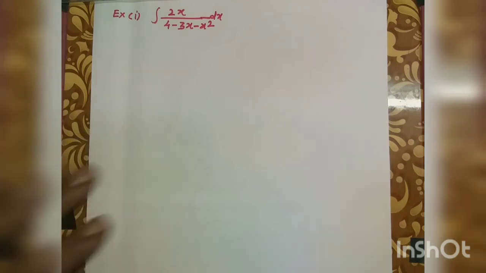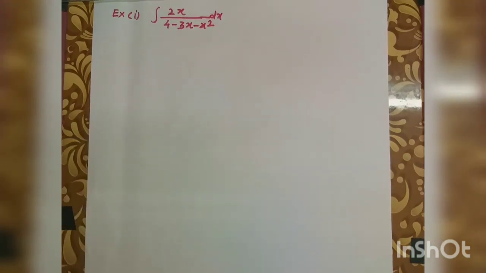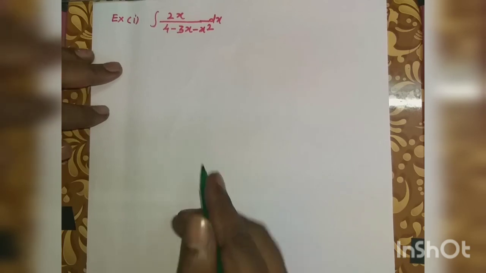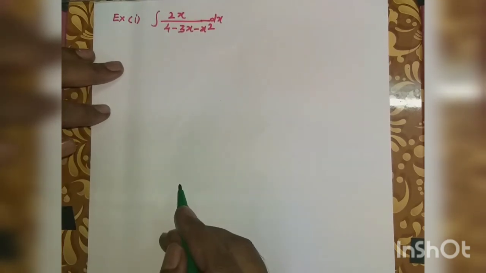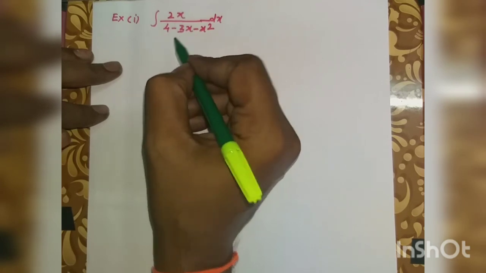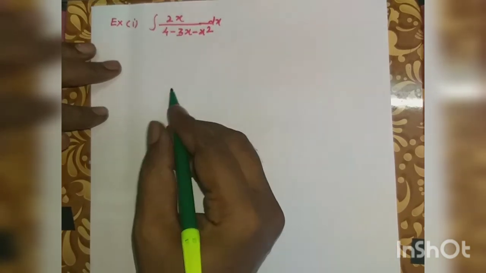First example is 2x divided by 4 minus 3x minus x square. Now, this is an improper rational function, because the degree in the numerator is 1 and the degree in the denominator is 2.